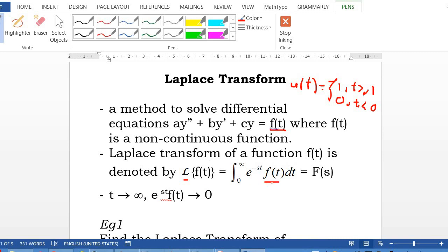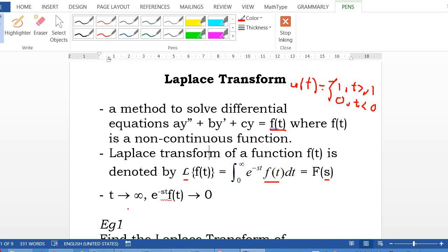We have f(t) multiplied with exponent negative st dt, integrated from 0 to positive infinity. The result of the integral will be a function of s. So we say Laplace transform of f(t) gives F(s), a function of s.